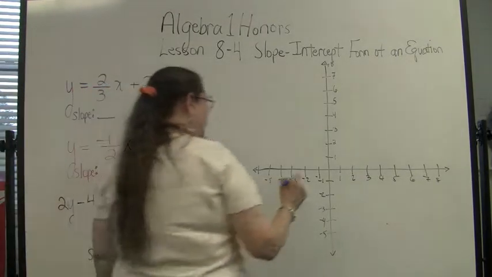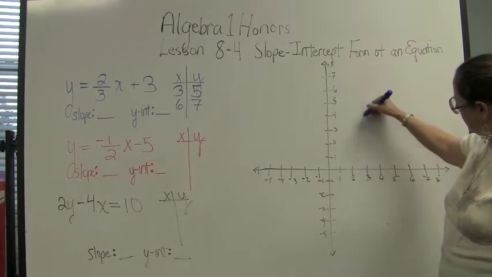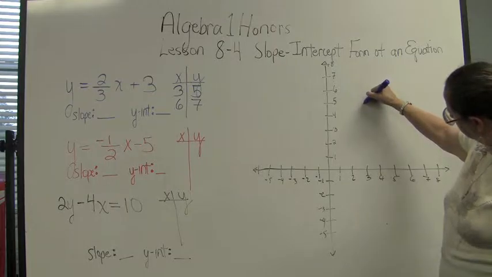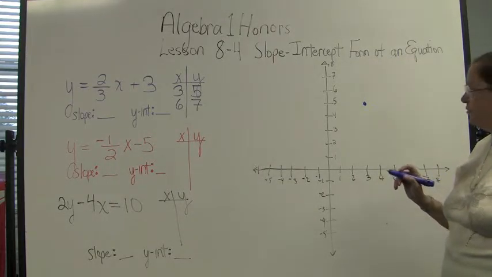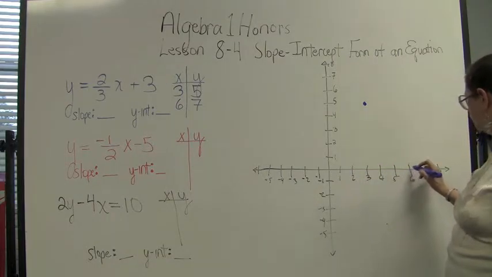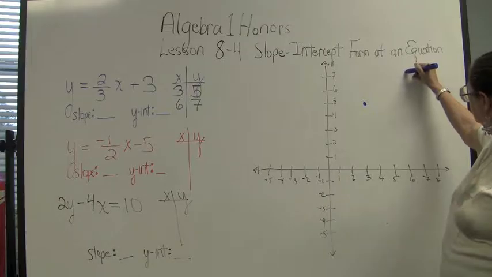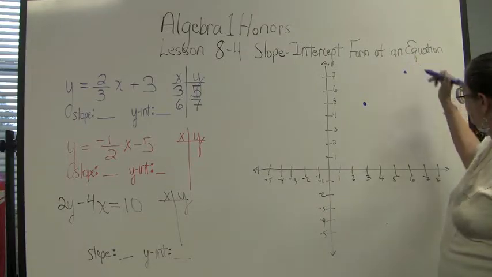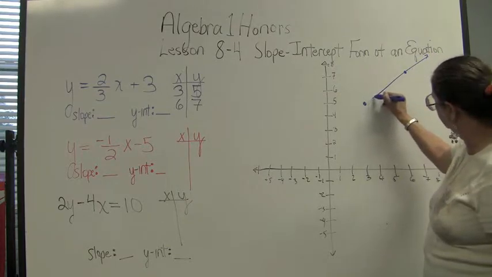3, 5. We go over 3, start in the middle, go over 3, and go up 5. Right here. Okay? And then we have 6, 7. So I go over 6 and up 7. Right about here. And draw my line.